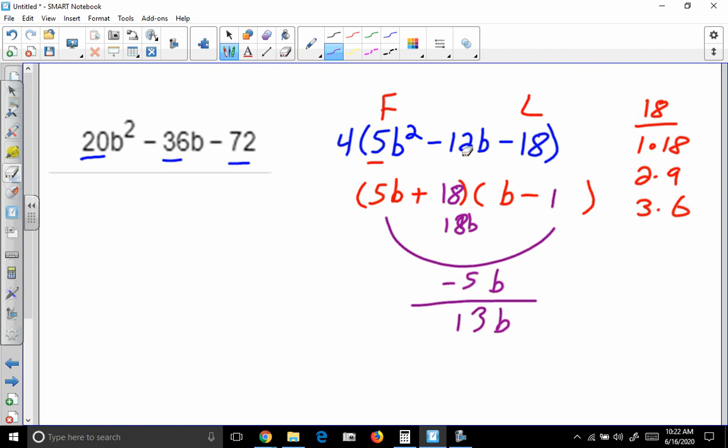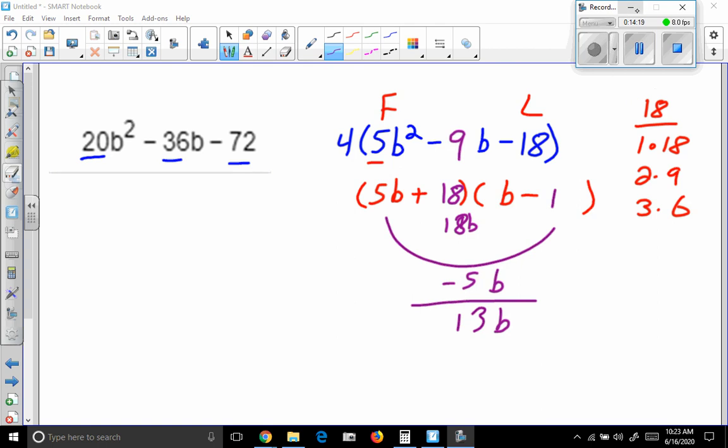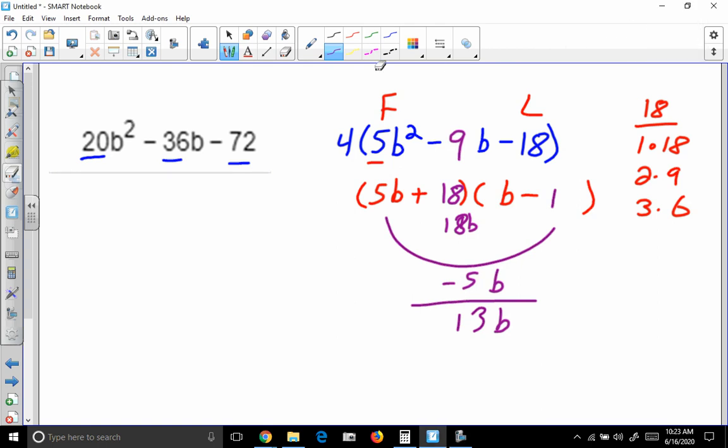I've got the wrong number here. 4 doesn't go into 36 12 times. 4 goes into 36 9 times. But still, 18 and 1 doesn't work in either order. So we can mark off the 18 and the 1.